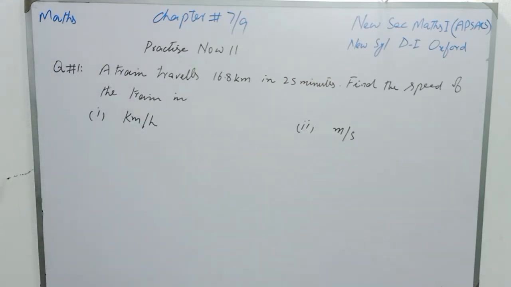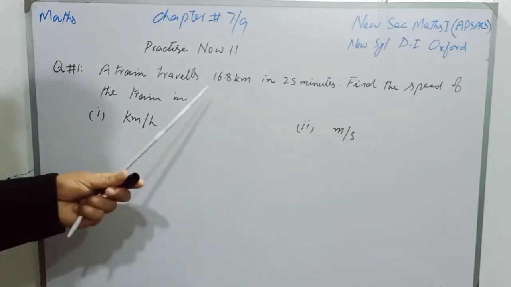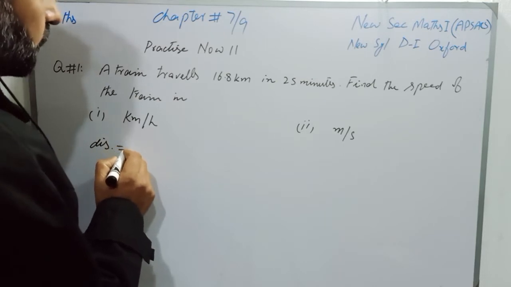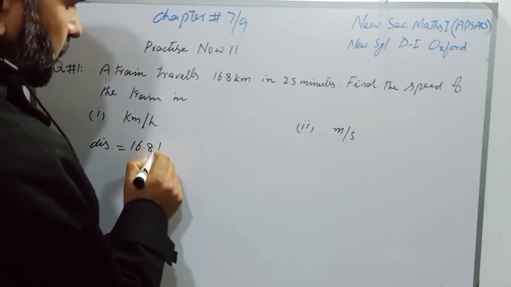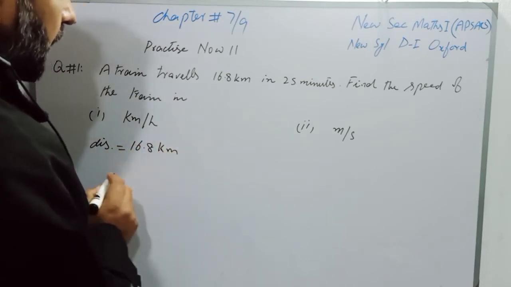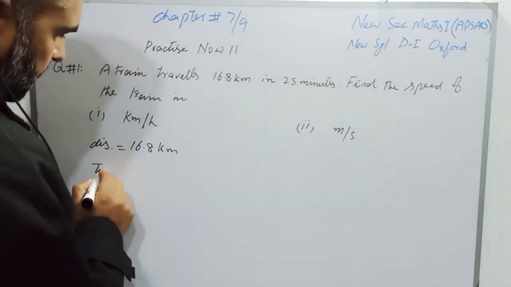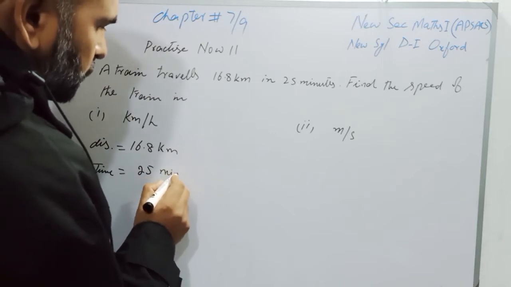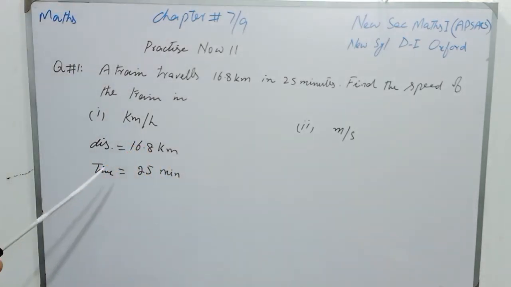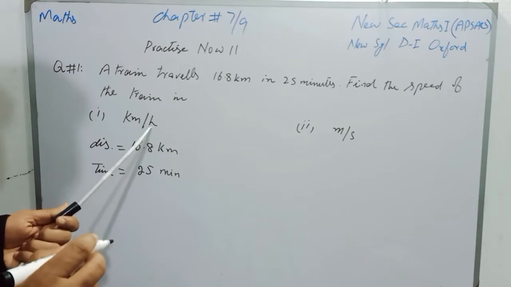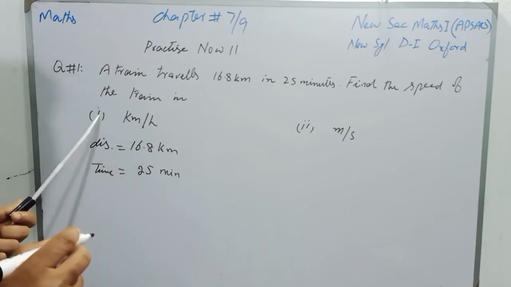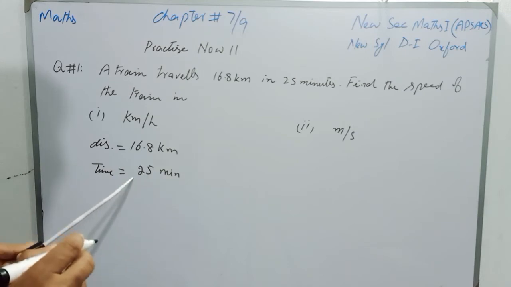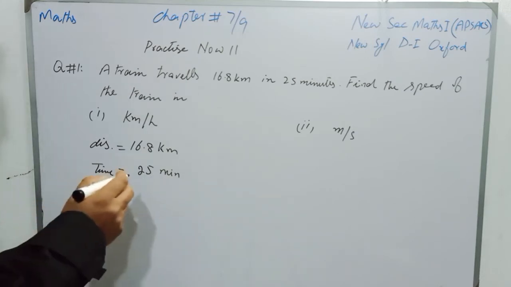So students, first we will write the data. Distance is equal to 16.8 kilometer, and time is 25 minutes. First I will convert these 25 minutes into hours, because in the first part we have to find the speed in kilometer per hour, so the time will be converted into hours.